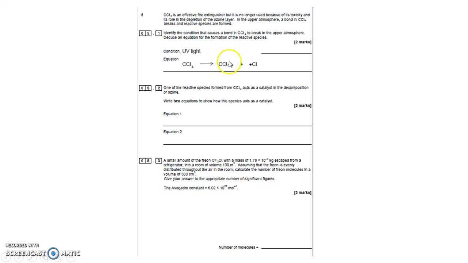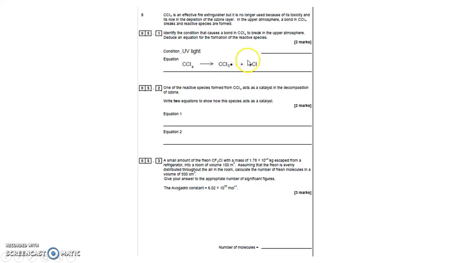That dot, that unbonded electron, has come from a covalent bond, a shared pair of electrons, and that's gone back onto the C. We know it's gone back onto the C because the C has got 3 chlorines bonded to it, and it should have 4 bonds. So that electron is on the C to make up for the fact that it's short of a bond.